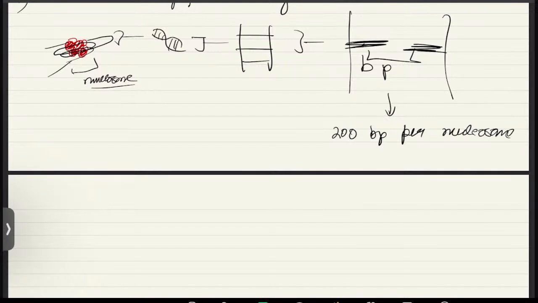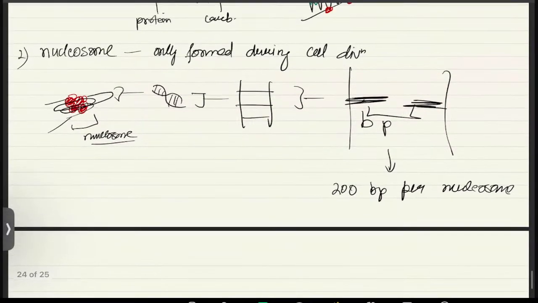Right. So I hope you understood what a nucleosome is. A nucleosome is a structure which is formed only during cell division, and this structure serves as a packaging framework for your DNA, and your DNA is wrapped around this. Actually, the whole thing is called nucleosome. DNA plus histone is called nucleosome, and DNA is wrapped around a histone octamer.